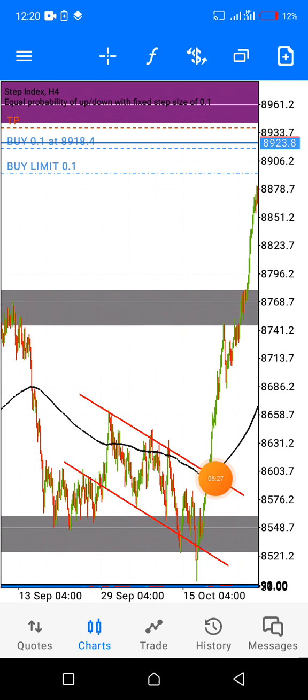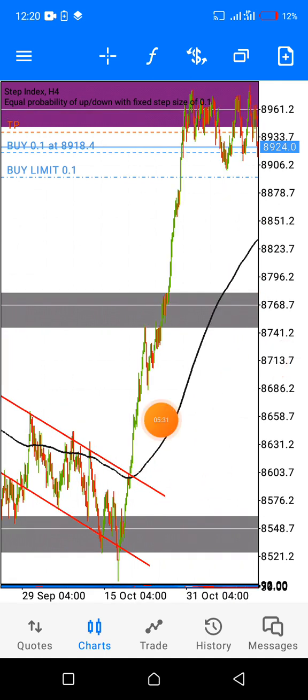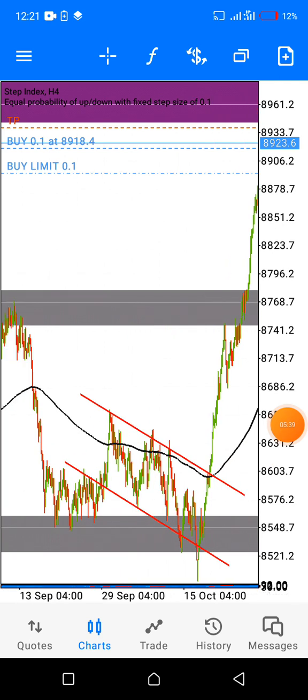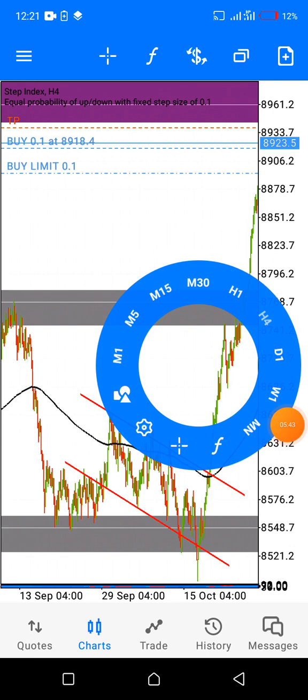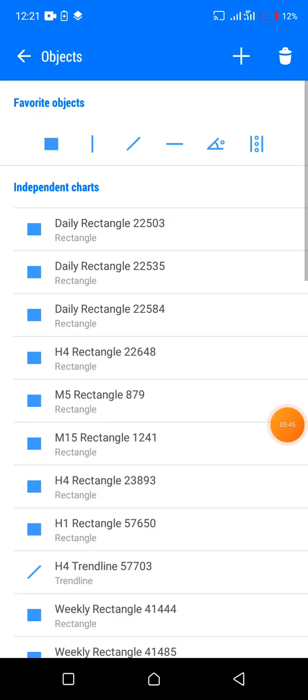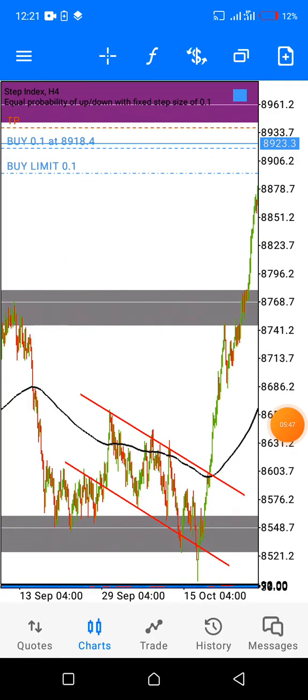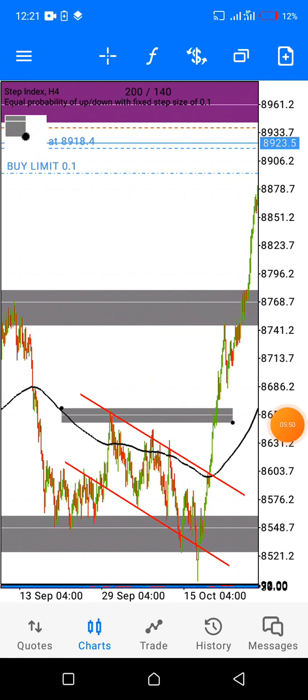Then at the break of this trend line is where you take your trade. If you notice here, the market didn't come to retest the trend line in this case, so that is why I normally take my trade here. Another place you can take your trade is to wait for the market to break the neckline here before you take your trade.